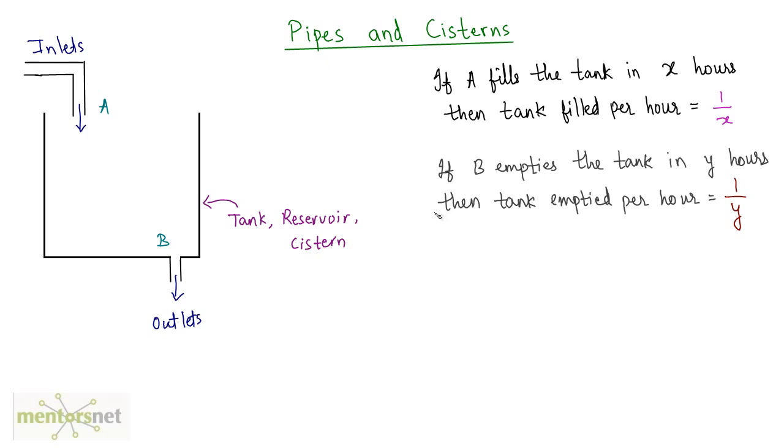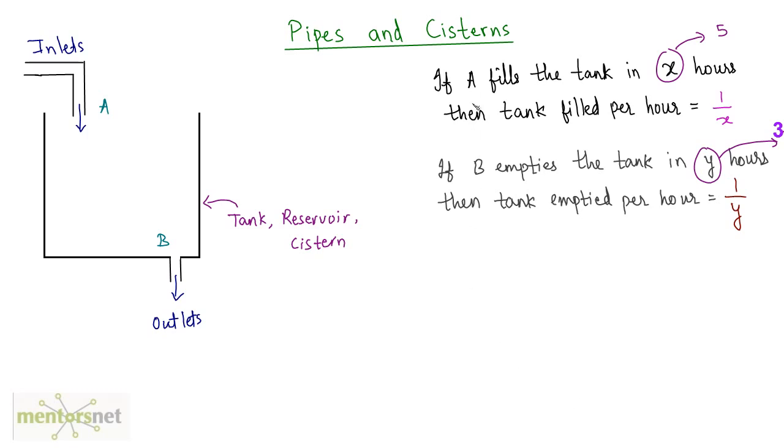Now these were individual situations. Now consider that both of these taps, the inlet and outlet, are open. Both A and B are open. That means water is filling in and liquid is also letting out. Now consider that A fills the tank in, let's say, 5 hours, and B empties the tank in, let's say, 3 hours.